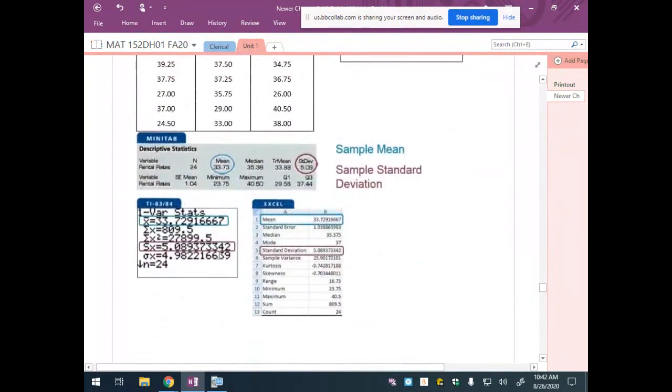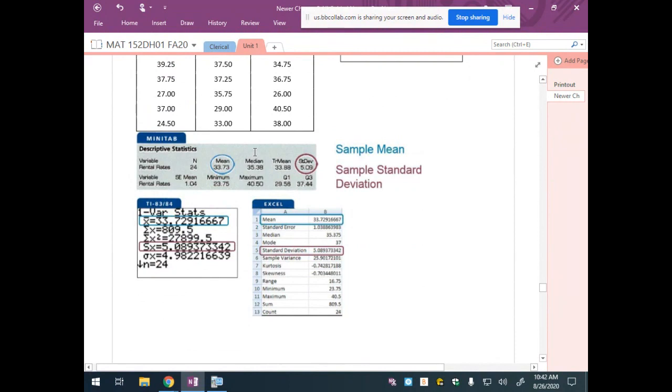So StatCrunch can be used. Now, StatCrunch is free, and you will be using StatCrunch for your first case study. Minitab was something I used back when I was an undergrad. We had to pay like $5, but we got lifetime software.